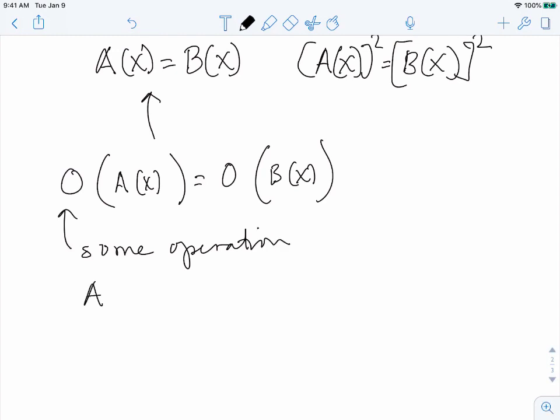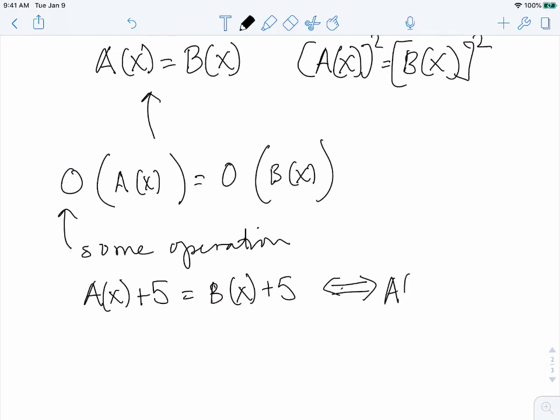As an example, ax plus 5 equals bx plus 5 is equivalent to ax equals bx. Why? Because if you find a solution to this equality, you can simply subtract 5 to get back here.